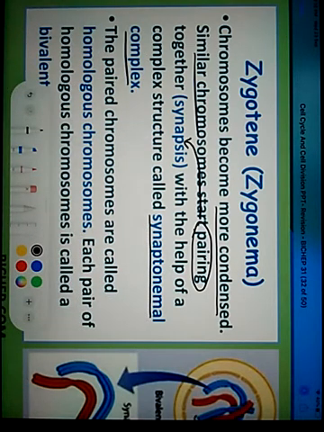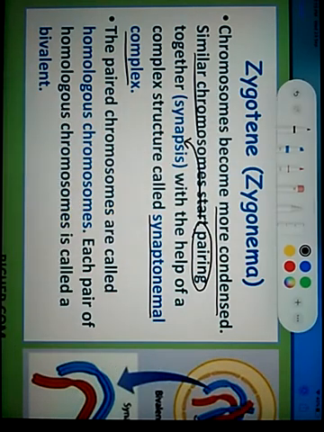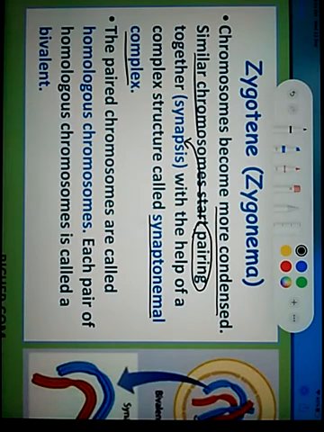You are supposed to remember, right? The structure responsible for pairing, that is synapsis, is the synaptonemal complex. It is a joint from where they are getting joined together. Now the pair of chromosomes are called homologous chromosomes. So it is happening during zygotene or zygonema.